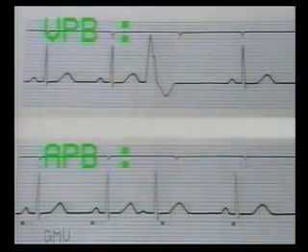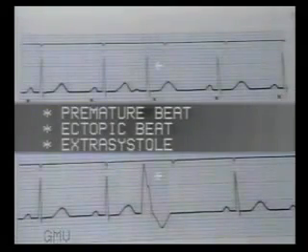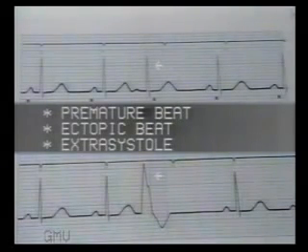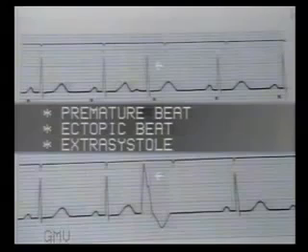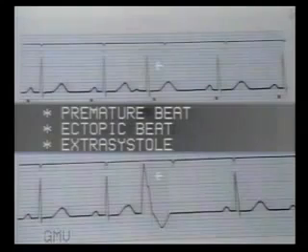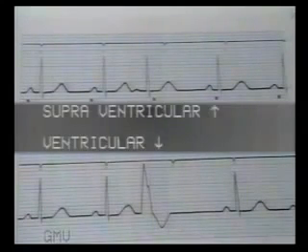The premature beat always arises outside the SA node, so it is also termed as ectopic beat or extrasystole. It may arise anywhere in the heart, the common sites being atria, AV node or ventricles. Depending on the site of origin, the premature beat is termed as supraventricular or ventricular.